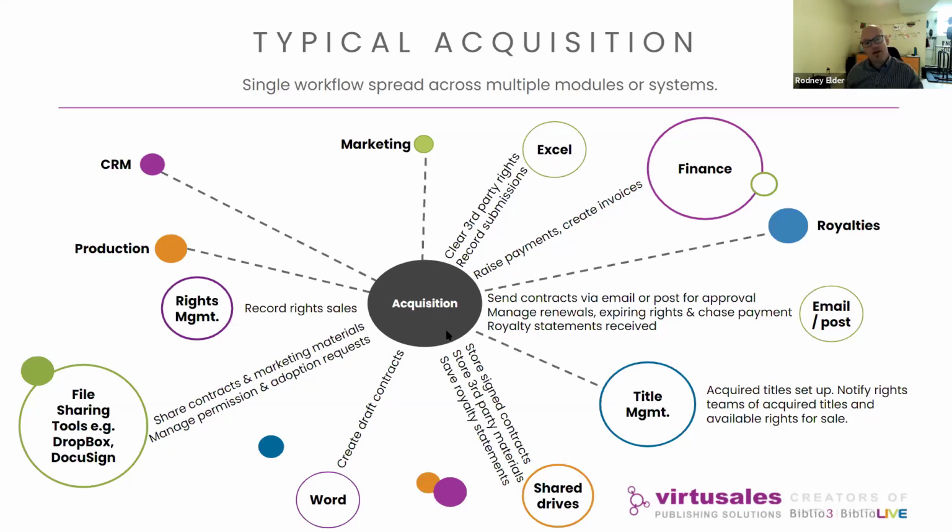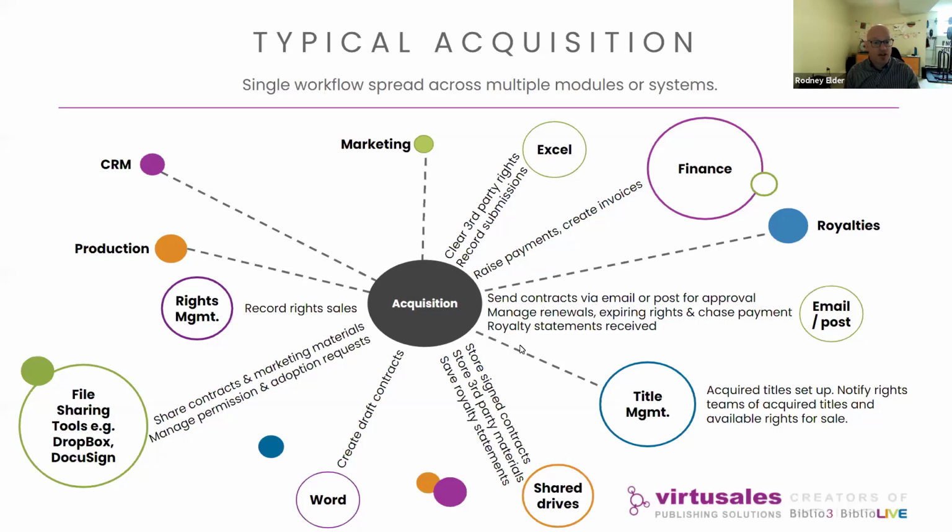Typically what we find is this is often outside of a system. This could be done in emails, Excel, on pieces of paper, and many publishers don't know about their actual acquisitions until it is acquired. And then it's, oh, this is the title list that we're doing for this particular season.